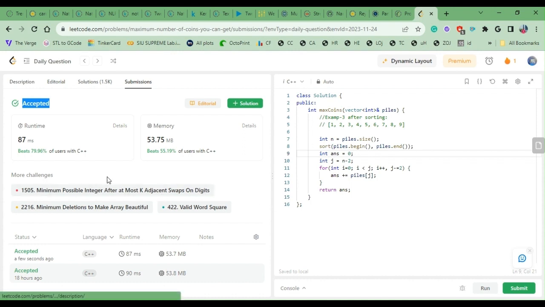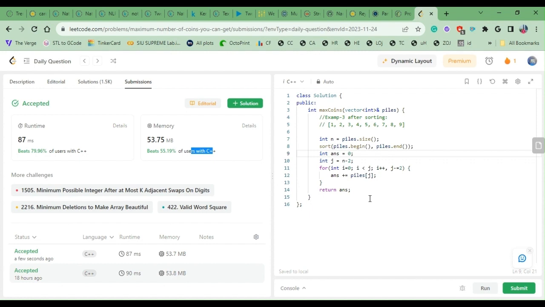Now we see the runtime is 87 milliseconds, and we beat 79% of users with C++. For memory, we beat this number of people who use the C++ language.